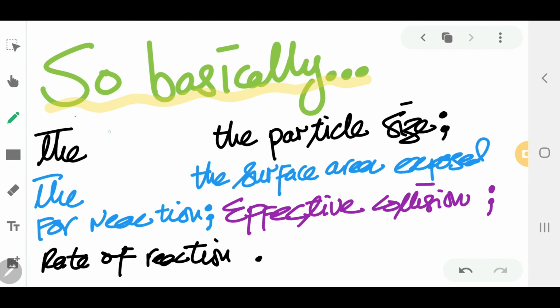So basically, when you have smaller particle size, the surface area exposed for reaction will be bigger.